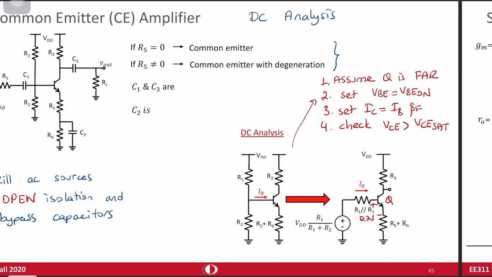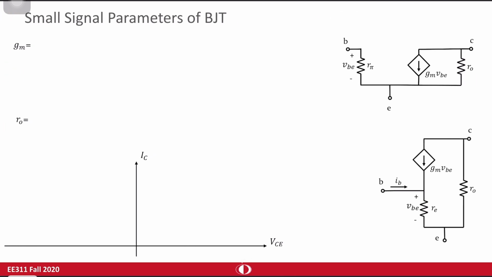So if this is verified, you can continue with small signal parameters. We have again two models. One of them is hybrid pi, the other one is T model. When you take a look at this hybrid pi model, the main difference from the MOSFET case is you have a finite resistance between base and emitter.